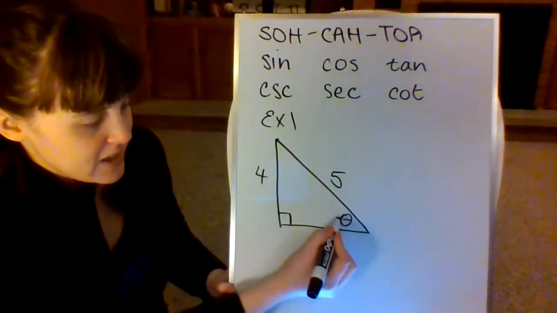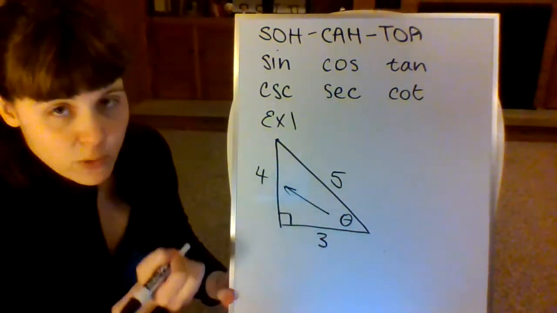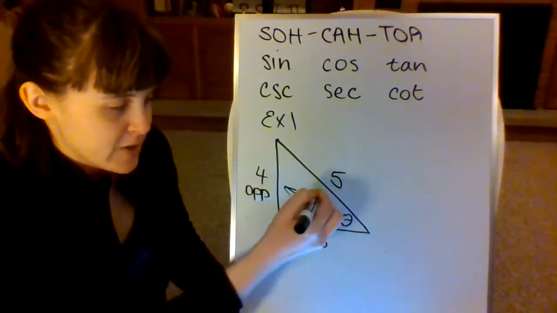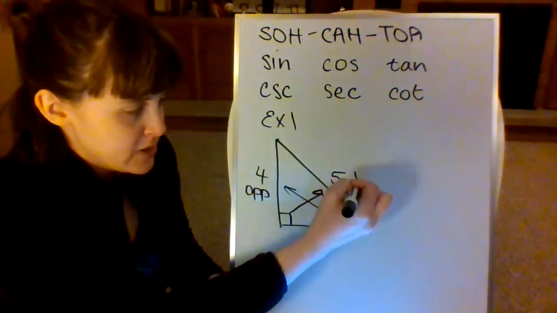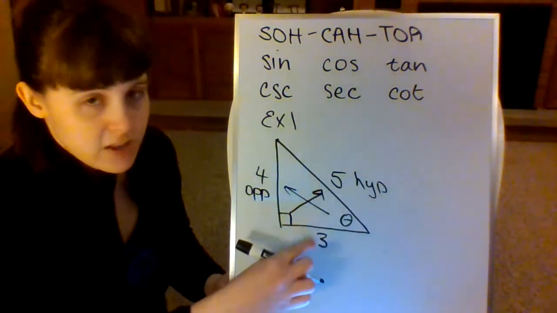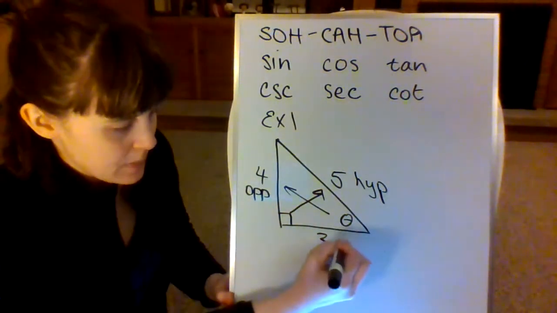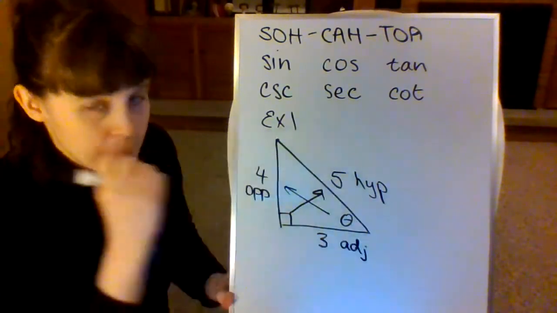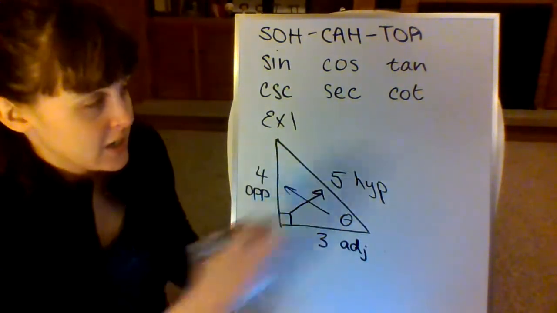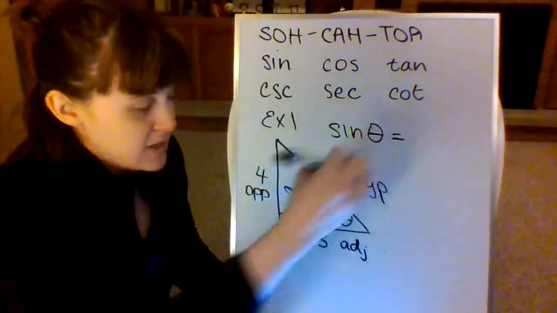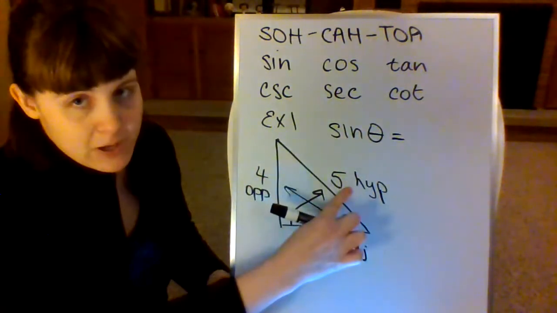So if this is theta, 4 is the opposite side. 5 is straight out from the 90, so that's the hypotenuse. And 3 is the leftover side, so it is the adjacent side. Okay, so now we have sine of theta is opposite over hypotenuse, 4 over 5.